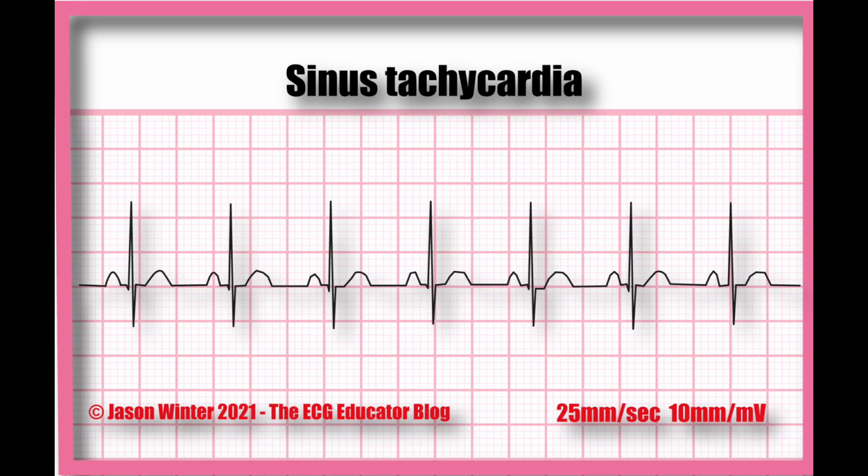Tachycardia, which is fast rhythms, is when the heart beats too fast, over 100 beats per minute. A common example of this is sinus tachycardia, where the heart rate increases due to factors like fever, dehydration, anxiety, or excessive exercise. It is usually a physiological response rather than a life-threatening condition.